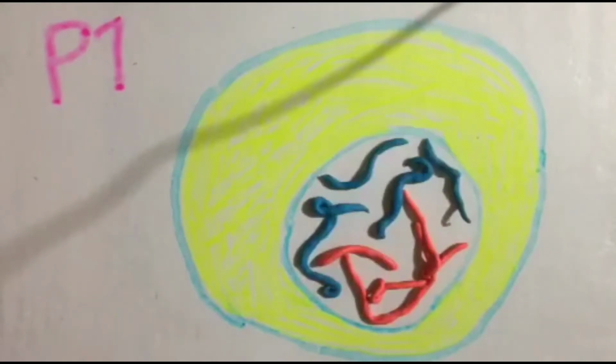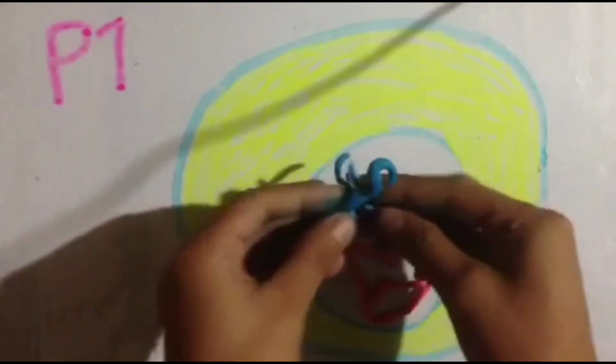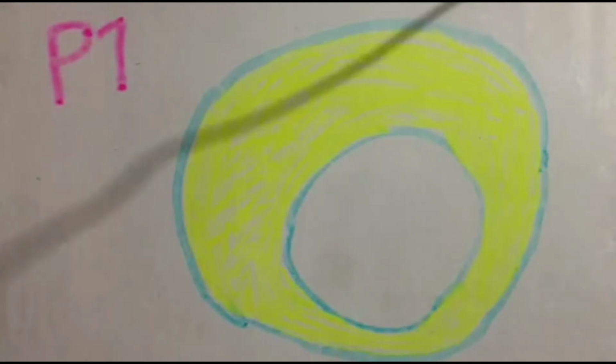Meiosis 1 begins with prophase 1. In prophase 1, the chromosome condenses into egg-shaped structures that can be easily seen under a microscope.